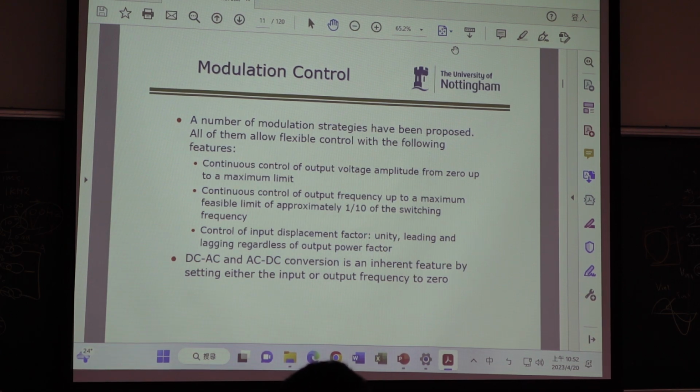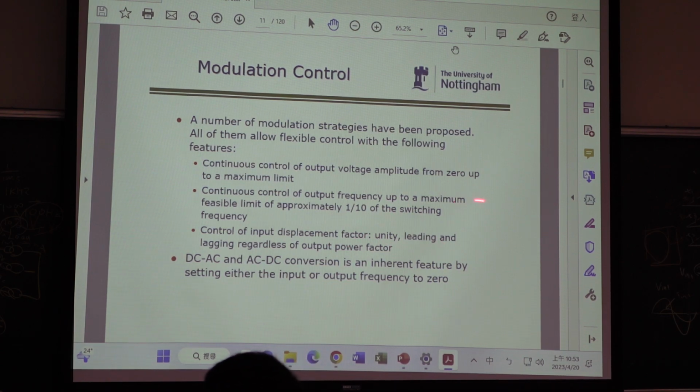How about the minimum frequency? 0 hertz. You can change from 0 hertz to 100 hertz. What is the advantage? Unity power factor. You can achieve unity power factor. Only change the switching frequency. No extra circuit.